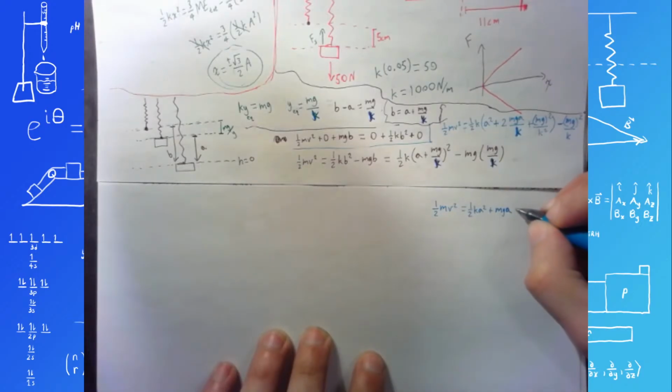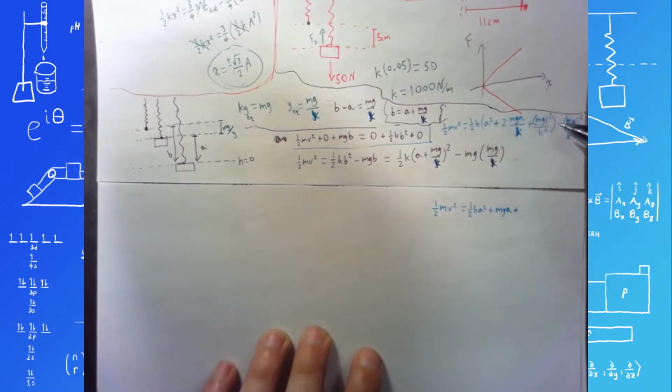And then plus 1/2 k times mg squared over k squared. The k's reduce, so we would just have 1/2 and then mg squared over k, and then minus mg squared over k.